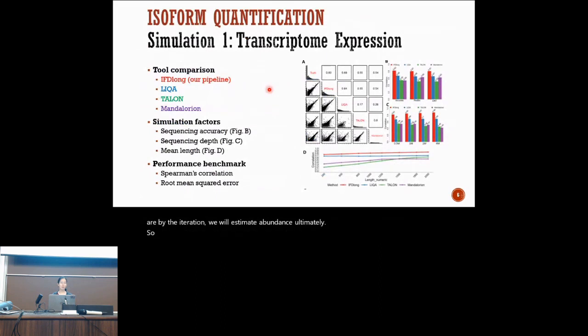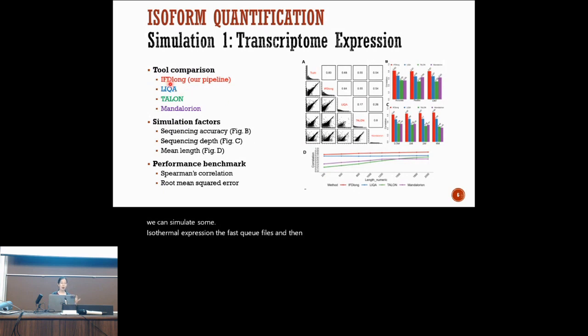So here is some performance. For isoform quantification, we did some large-scale in silico simulation data. For example, we did the whole transcriptome expression. We started from real human data, and then we simulated their isoform expression and used that as a reference, so we can simulate the FASTQ files.